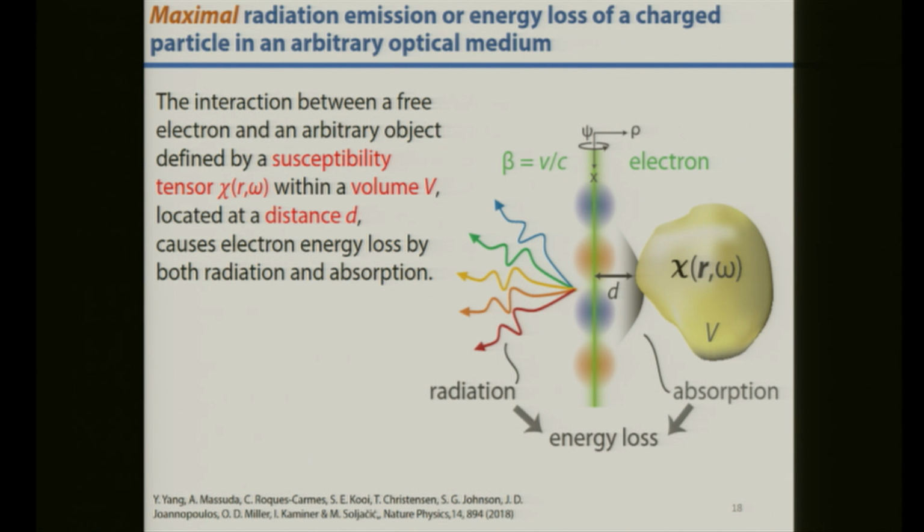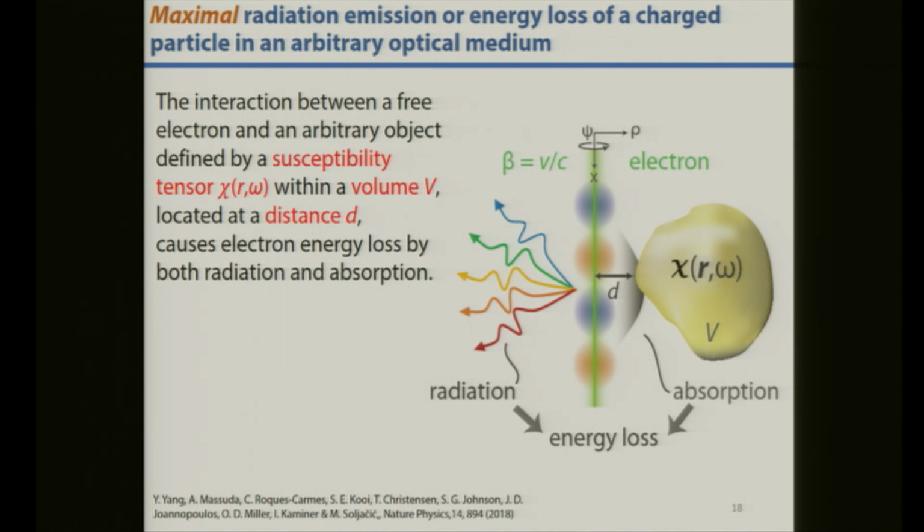Your electron goes by at a separation d, and it can emit radiation and cause absorption in the structure. So we frame this as a scattering problem by defining the external fields of the electron as a background, and we calculate the scattering from the nanostructure as radiation.